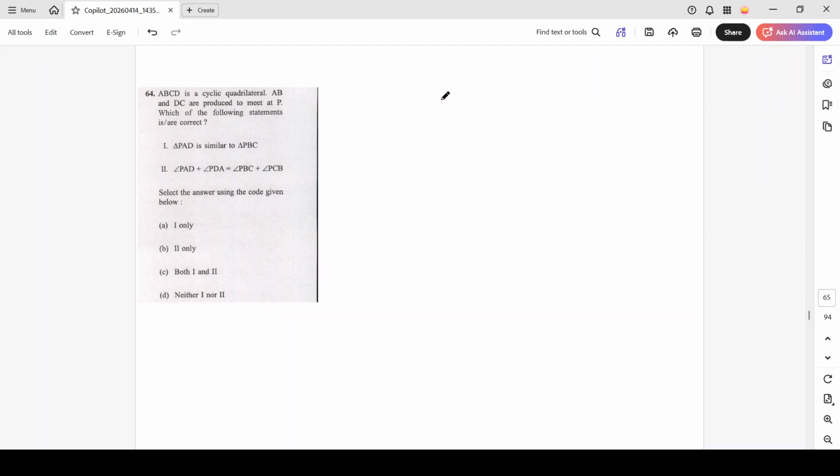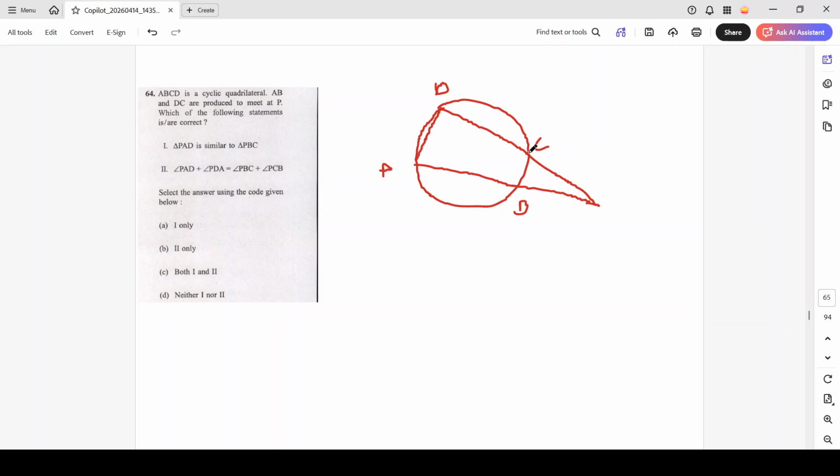ABCD is a cyclic quadrilateral. AB and DC are produced to meet at P. There is some cyclic quadrilateral ABCD, and AB and CD, DC, are produced to meet at P. Suppose this is A, B, this is C, and this is D. This is a quadrilateral, these are produced to meet at P, and this is a cyclic quadrilateral.